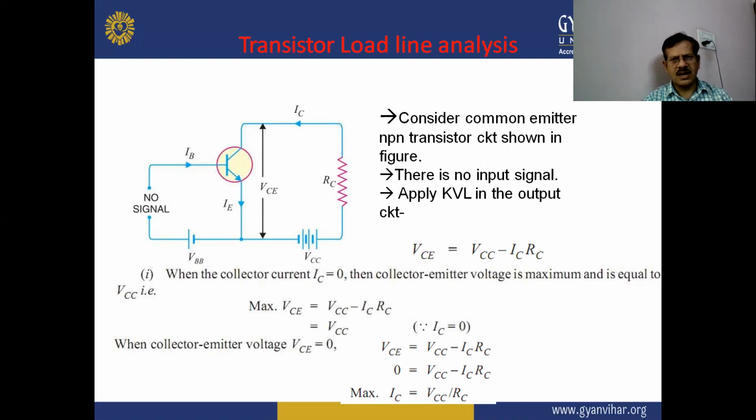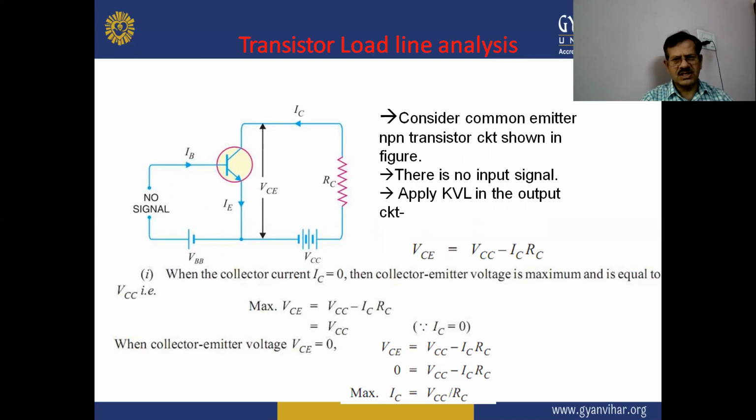In this circuit diagram, consider a common emitter NPN transistor circuit with no input signal, and apply KCL in the output circuit. So what is the VCE, or voltage across the collector to emitter? This will be VCC minus ICRC. In the first case, when the collector current IC equals 0, the collector emitter voltage is maximum and equal to VCC.